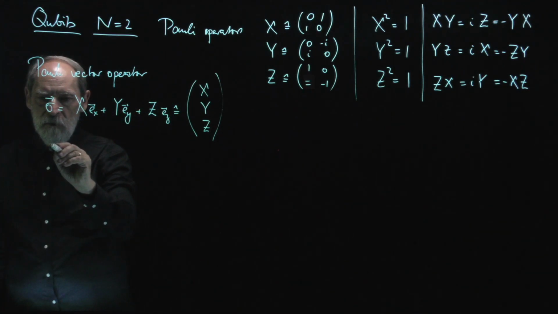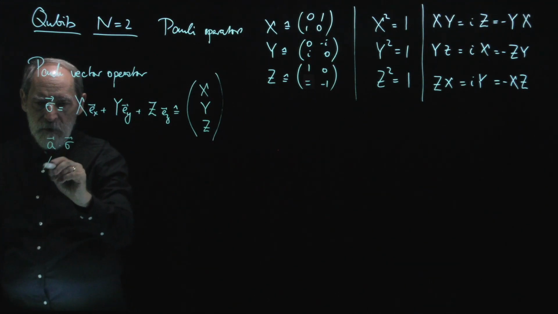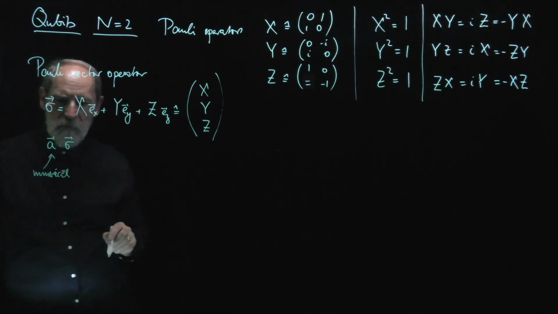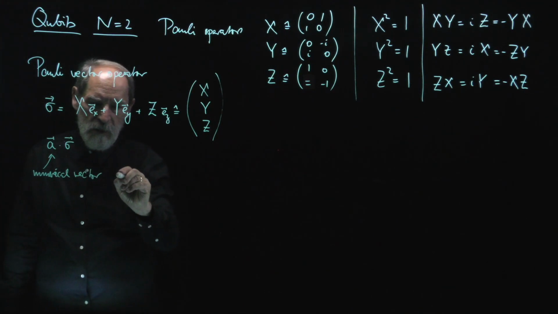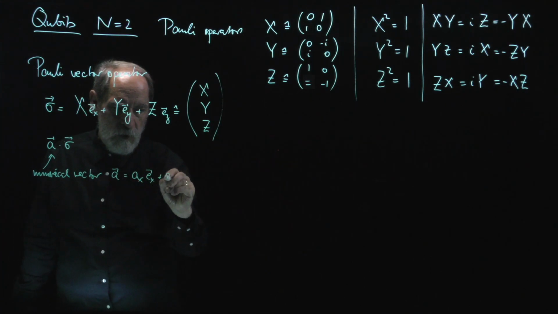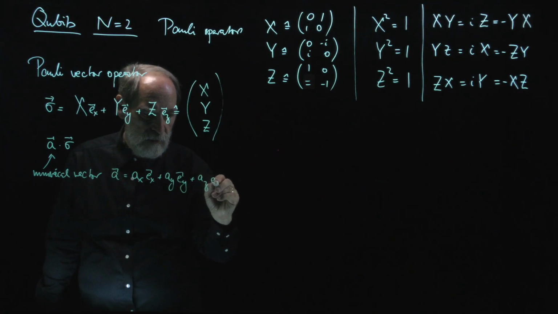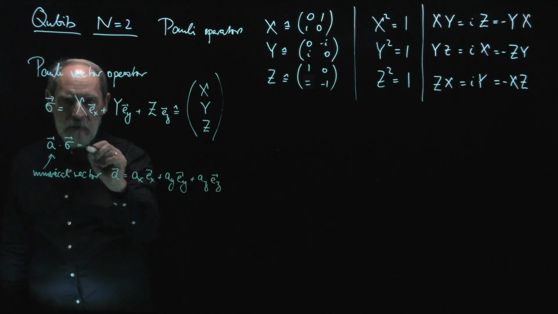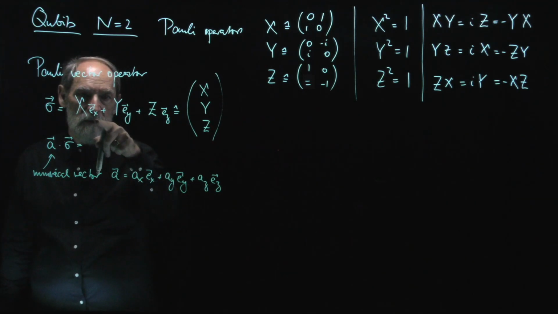If I look at a particular component of the vector, say in the direction of some numerical vector A, and this numerical vector A has x component ax, y component ay, and z component az, then the A dot sigma vector is just what you get from the dot product between these vectors.